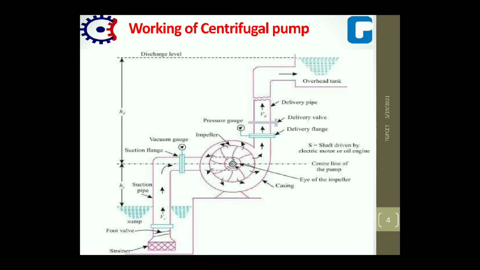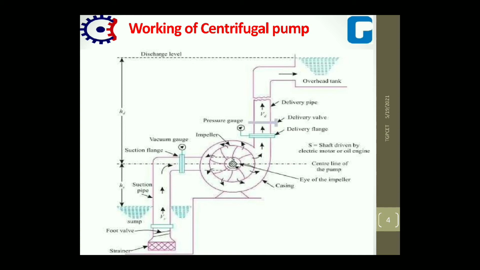Keeping the delivery valve closed, the impeller is rotated by motor. Strong suction is created at the eye. Eye means the center of our shaft. When speed enough to pump a liquid is attained, delivery valve is opened, liquid enters the impeller vane from the eye and comes out to casing.